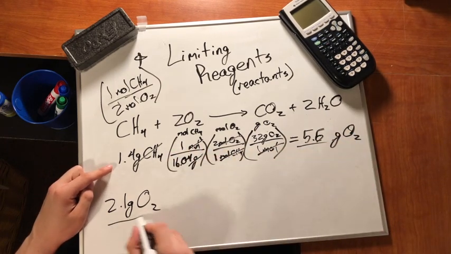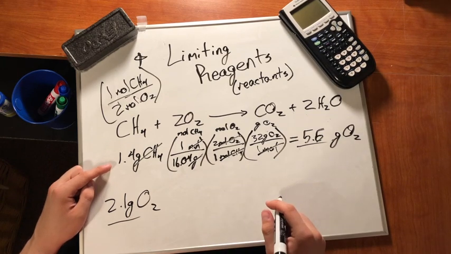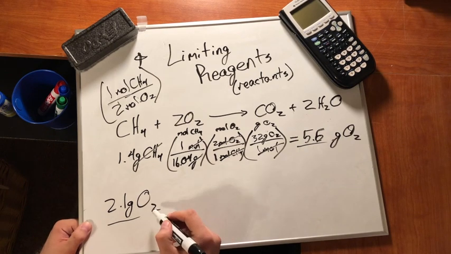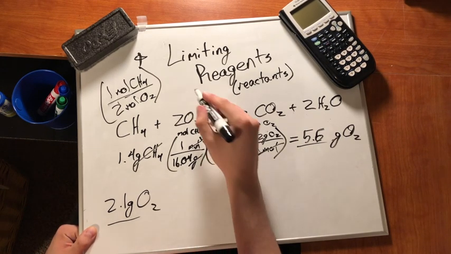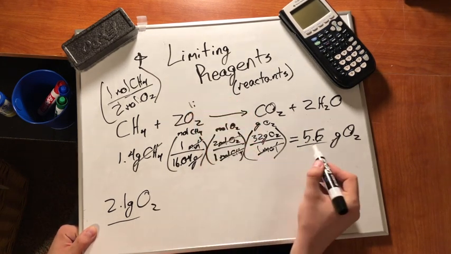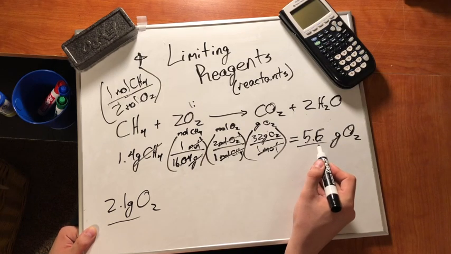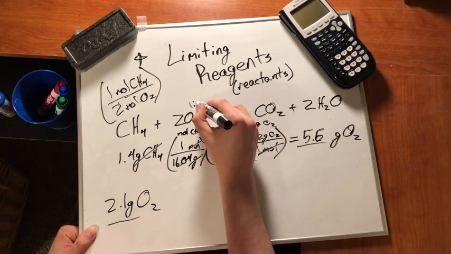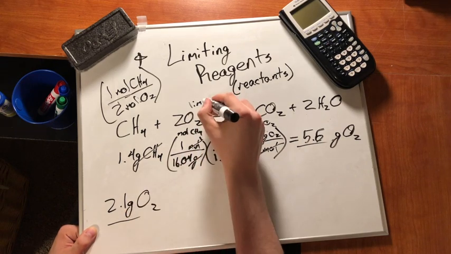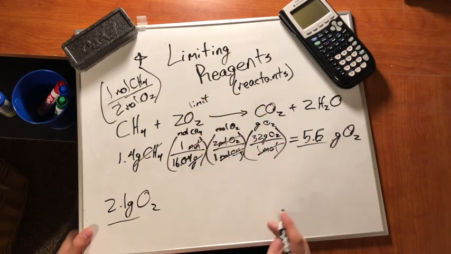Well, I only have 2.1 grams of O2. So I can see that O2 is my limiting reagent, right? I need 5.6 grams of it to react with my methane, but I don't have enough. I have less than half of that. So O2 is my limiting reagent.